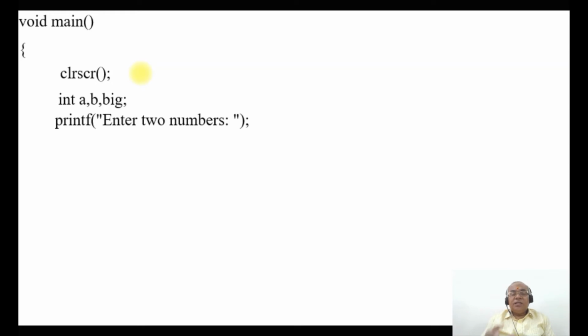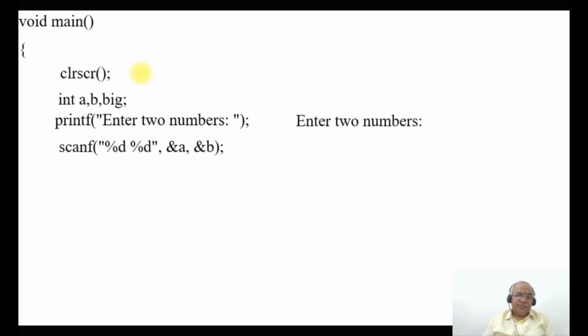Now I want to enter the two numbers. I write a printf statement, enter the two numbers. Then I read those two numbers, A and B. Since they are integers, the format is %d, with the addresses of A and B. I am entering the two numbers as 10 and 20.